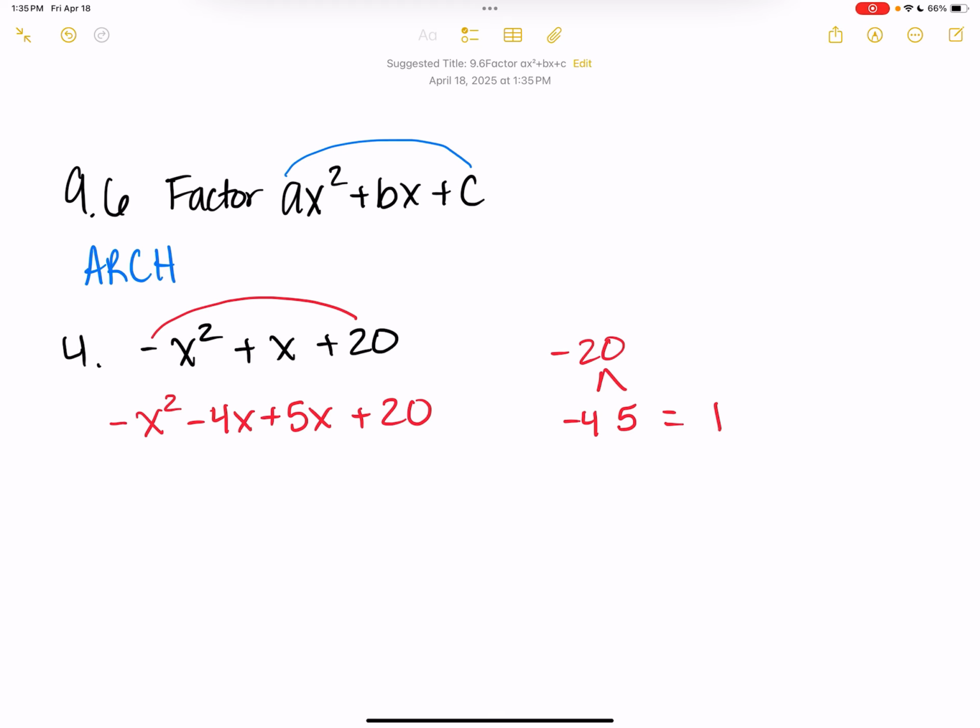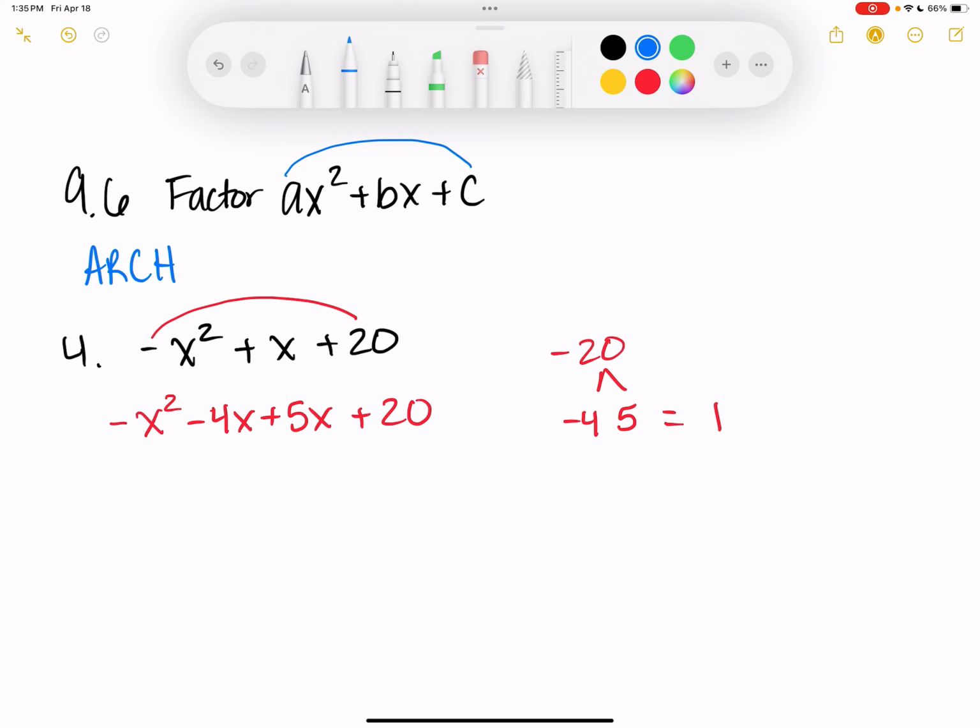Now I have to do the factor by grouping, which is, I don't know if we've talked about this or if this was talked about while I was gone, but factor by grouping is just taking something out of the pairing. We factor out whatever's in common. We kind of did this the other day when we were factoring out the greatest common factor. It's essentially that, but we're doing this in groups of 2.